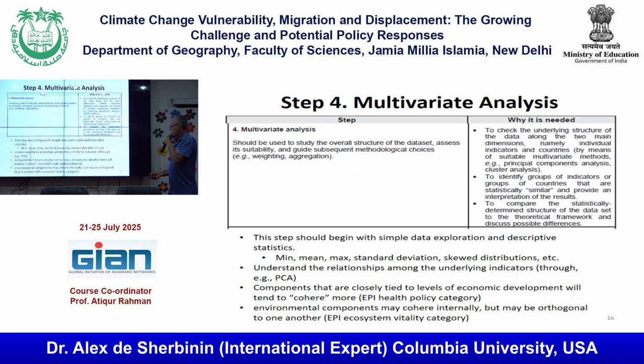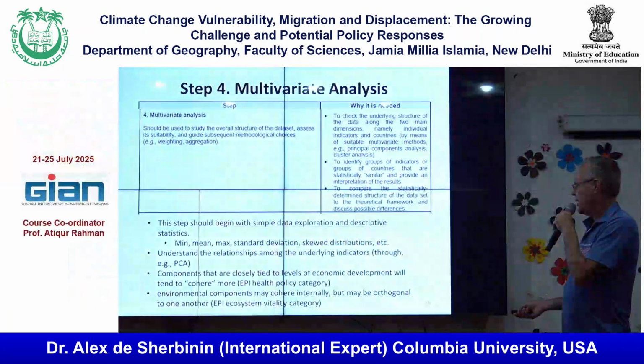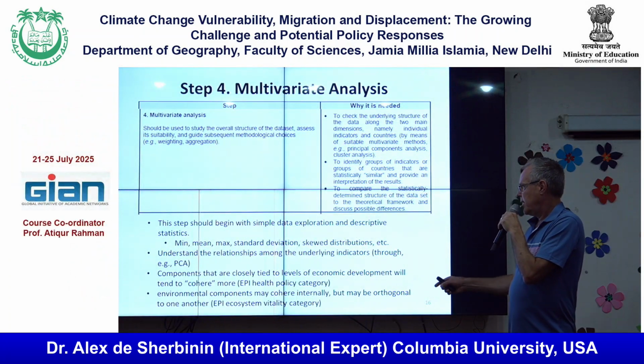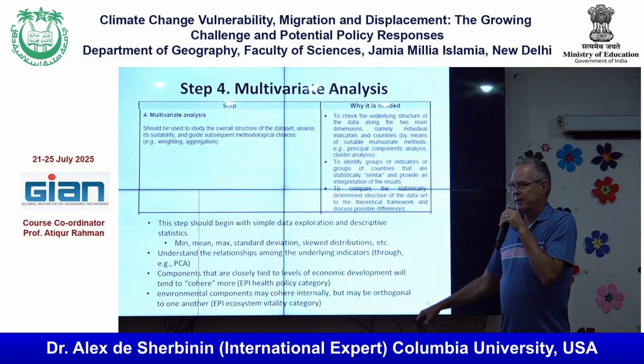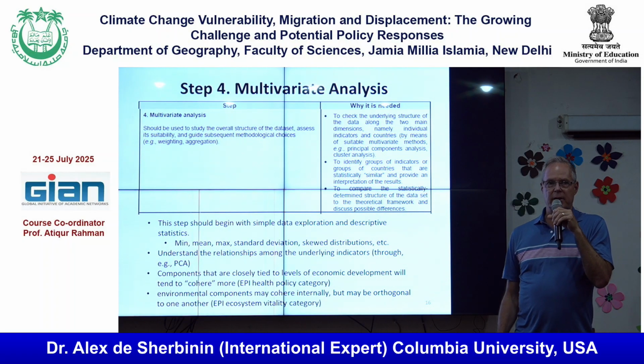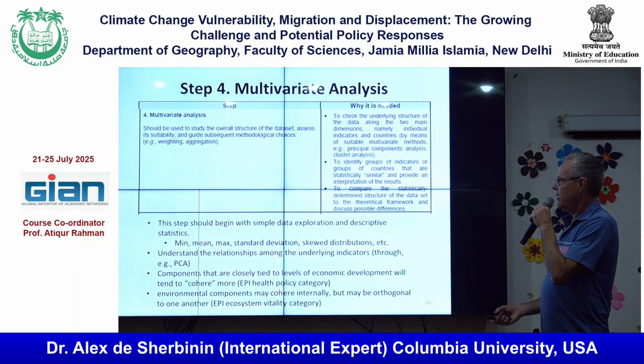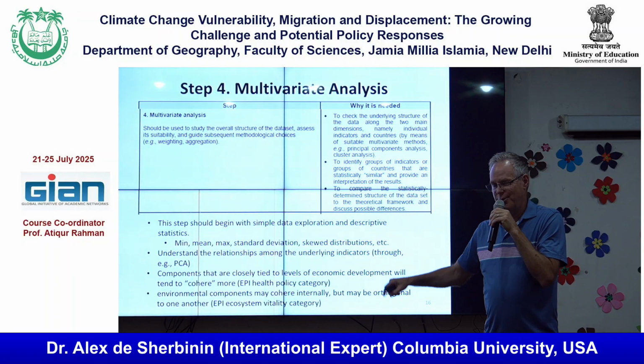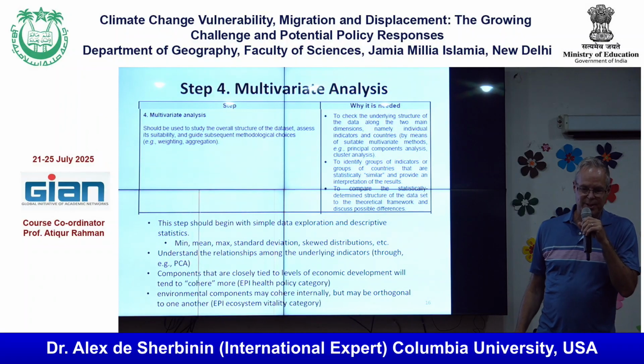One of the things that we found a lot is that in the environmental health sphere of our environmental performance, in a moment I'm going to show you the structure of the Environmental Performance Index.